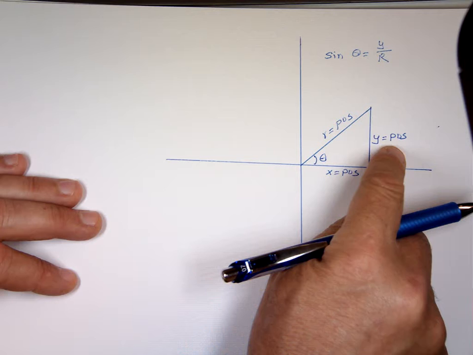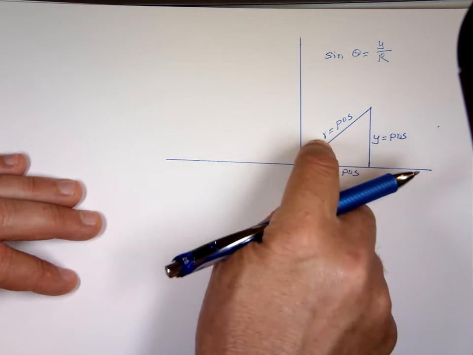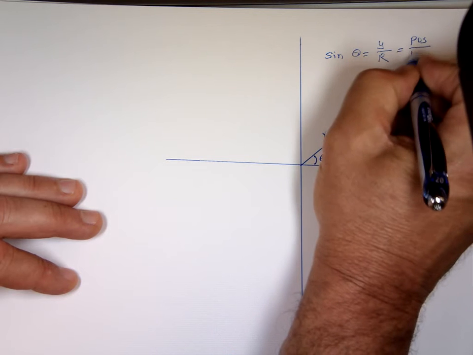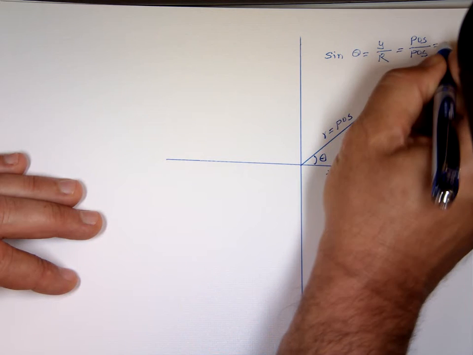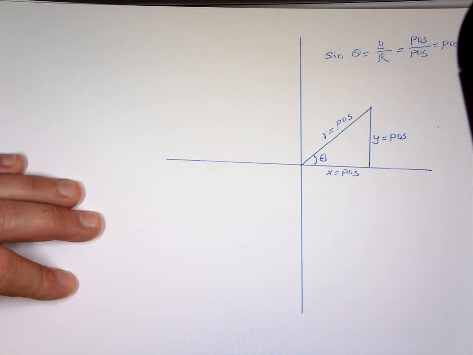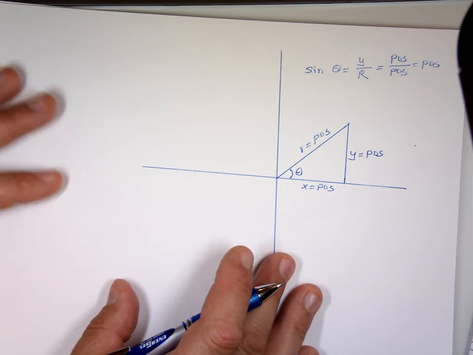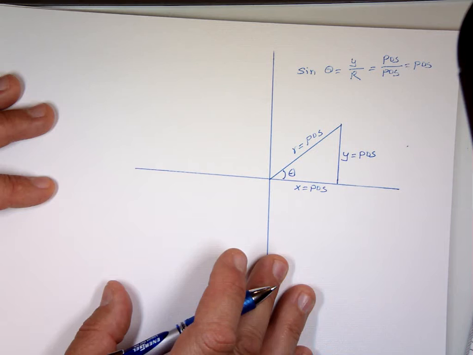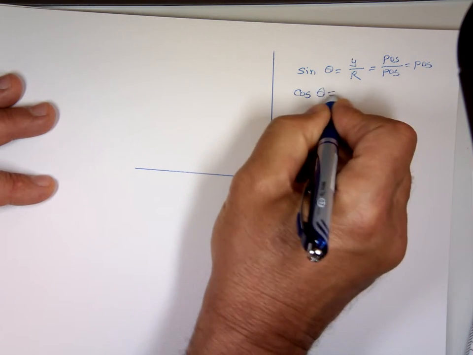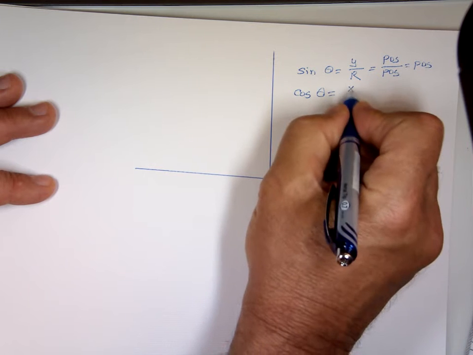Since y is positive and r is positive, what are you going to have? A positive over a positive. That's a positive result, right? The cosine is the adjacent, which is x, over the hypotenuse.